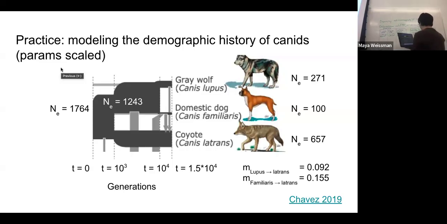Yes. So remember, migration rates are into, not out of. Now they look right. That's why, because you were going the wrong way.